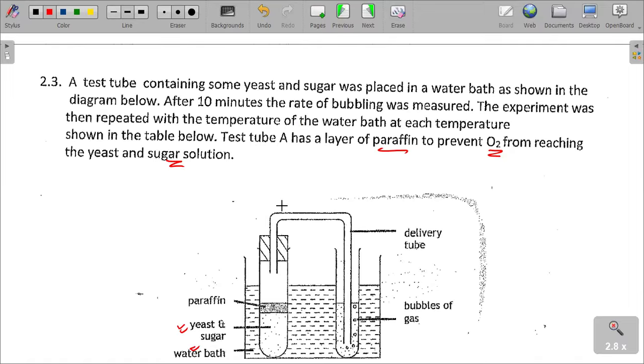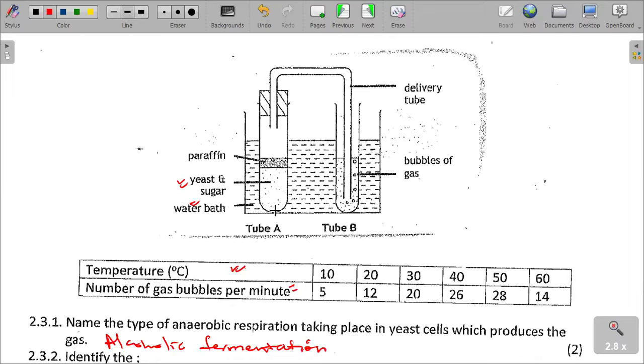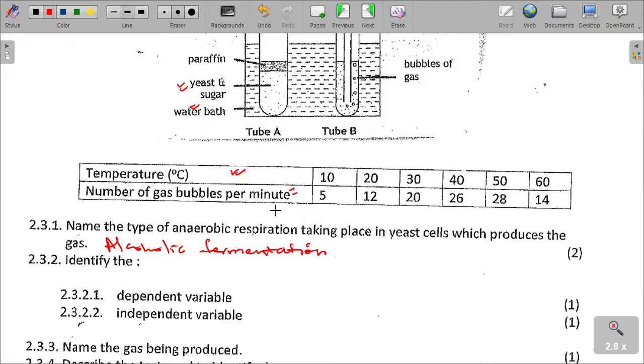So in this question, what is our dependent variable? The gas produced is dependent.